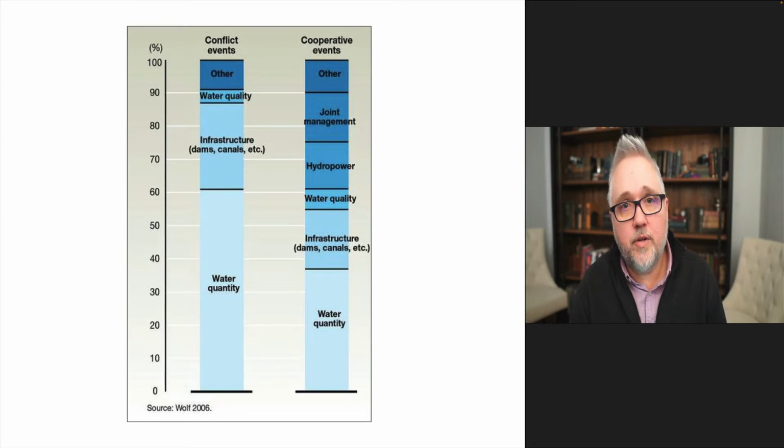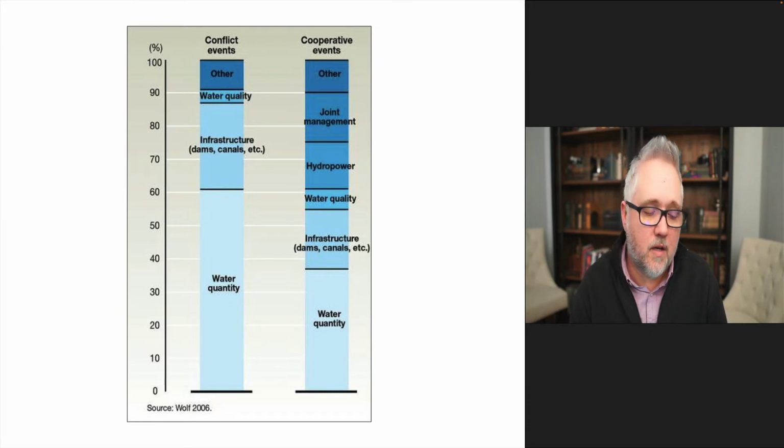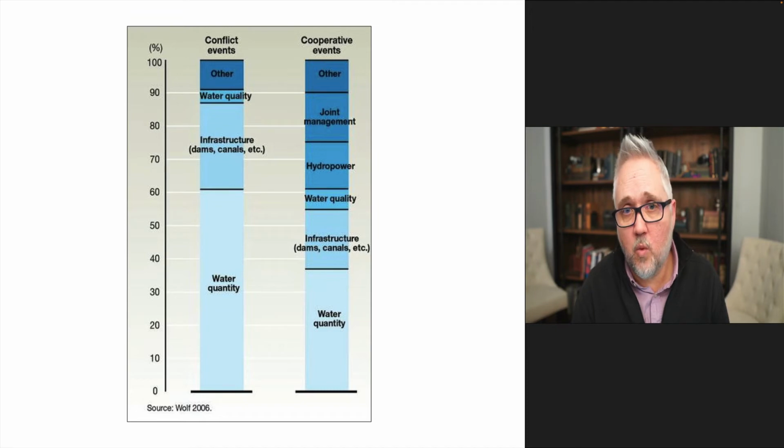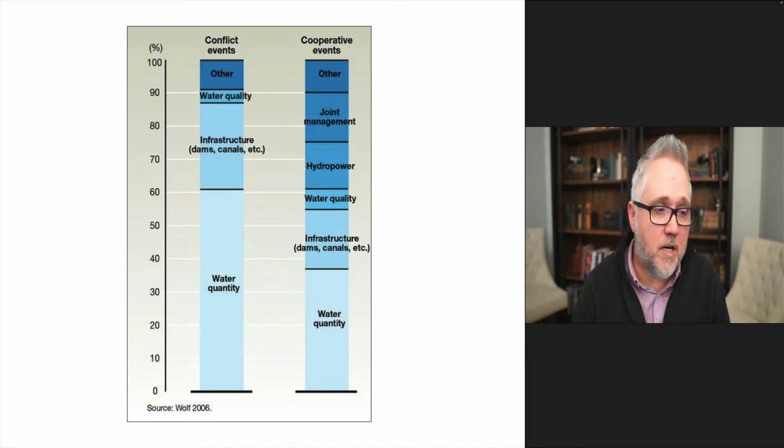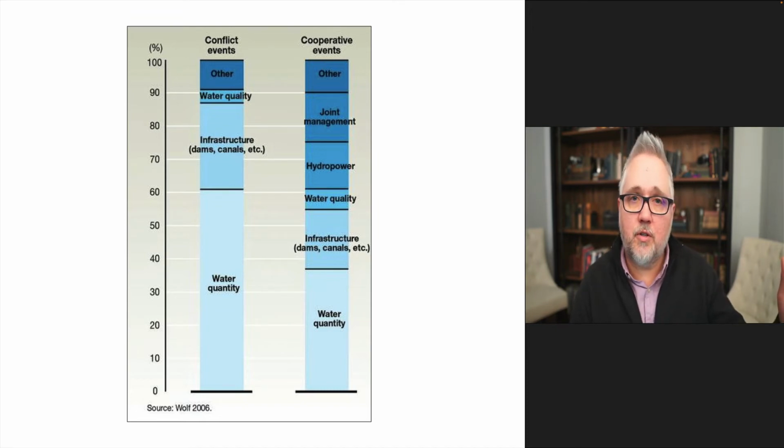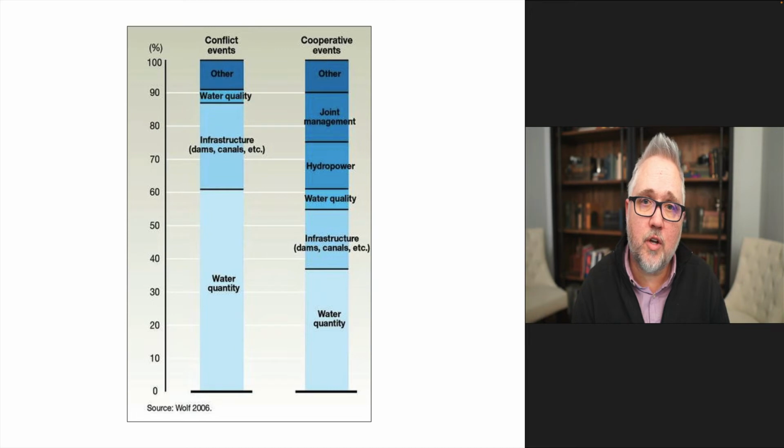Water quantity we've touched on with the Central Asian example, how Kyrgyzstan and its downstream neighbors had disagreements about when water should be released and how much. And there are similar areas for cooperation relating to water quality, infrastructure, and water quantity. The similar kind of issues can be both a potential source for conflict as well as a source for cooperation.